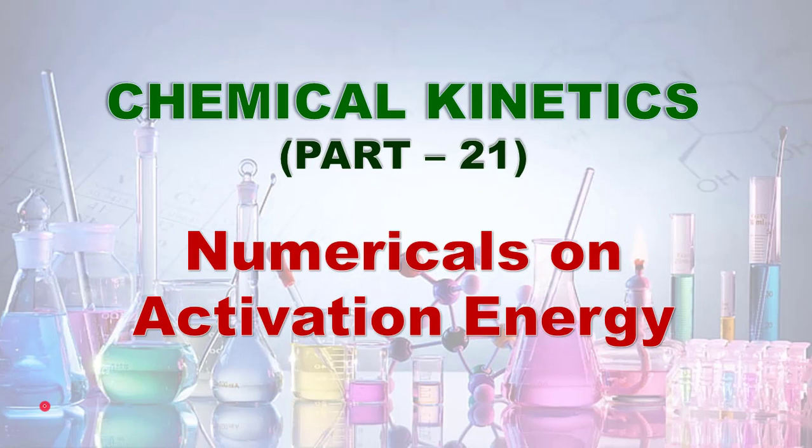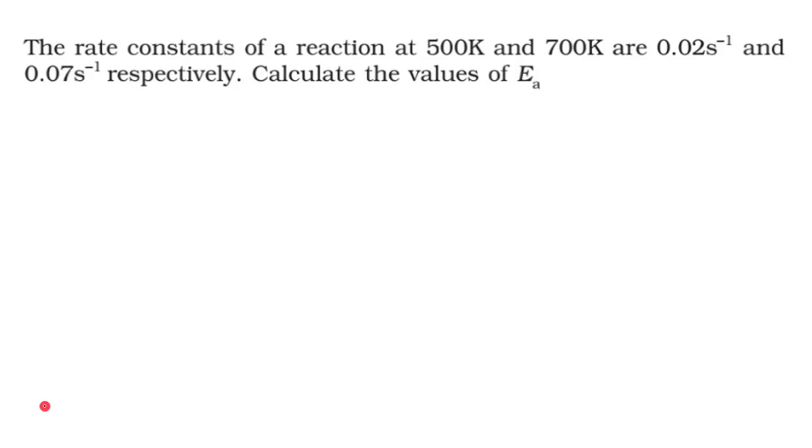Here we will discuss numericals on activation energy. In the previous session we went through the activation energy formula, that is, the relationship for activation energy calculation. The same we are going to use here for calculating these numericals, right? So let's see.